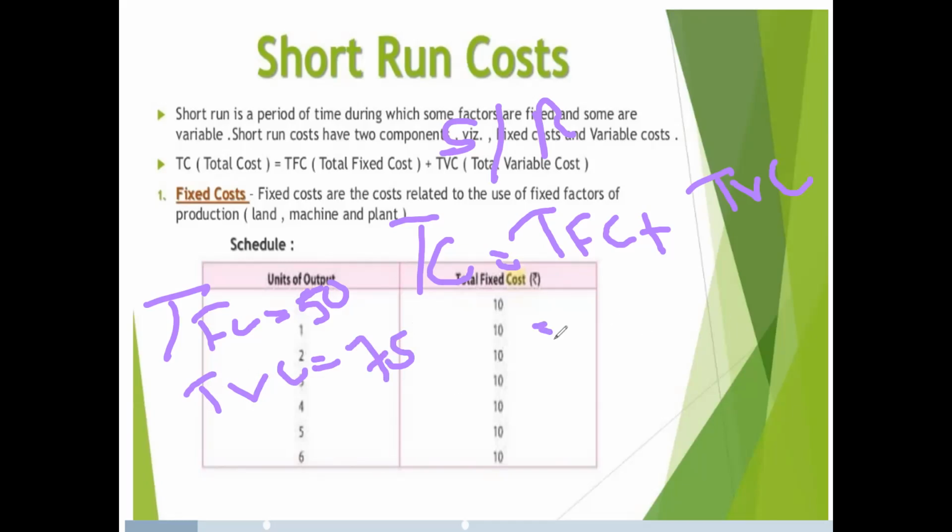Total cost is the sum of the TFC and the TVC. So TFC is equal to 50, TVC is equal to 75, then the total cost is equal to 125.